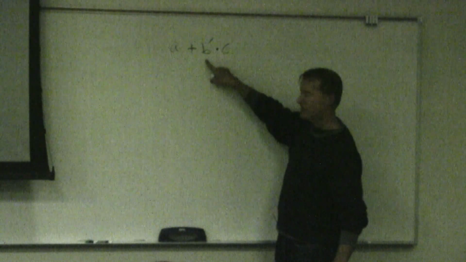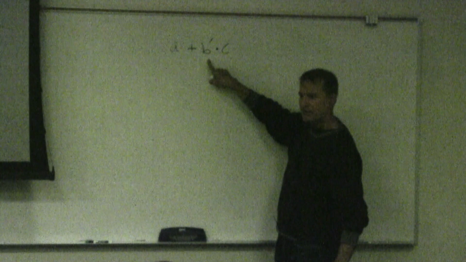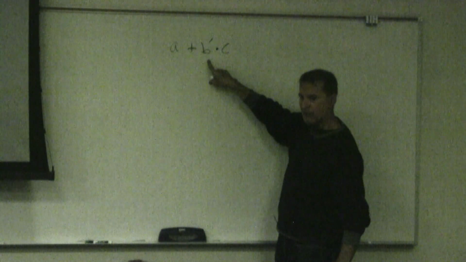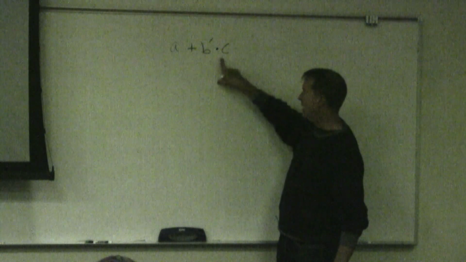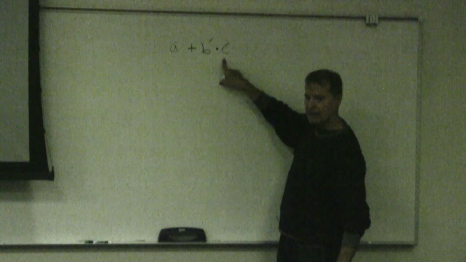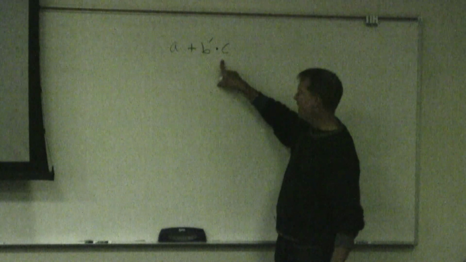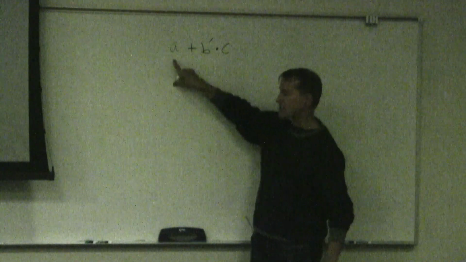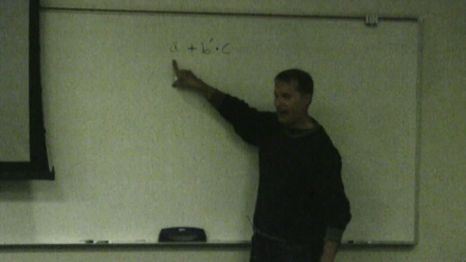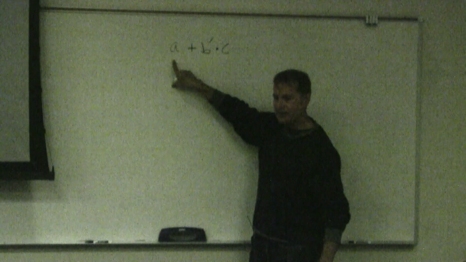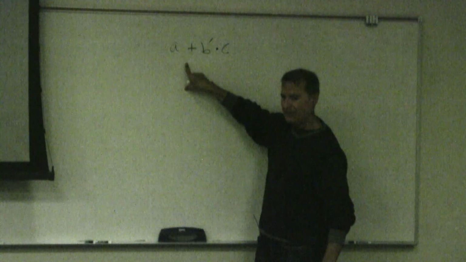So then it needs to be ANDed. The output of the inverter has to be ANDed with C, and so what kind of a gate? Obviously, an AND gate. And then the output of that has to come into an OR gate with A.